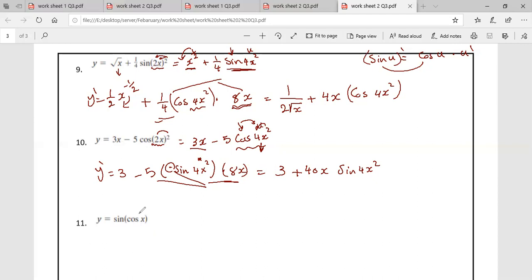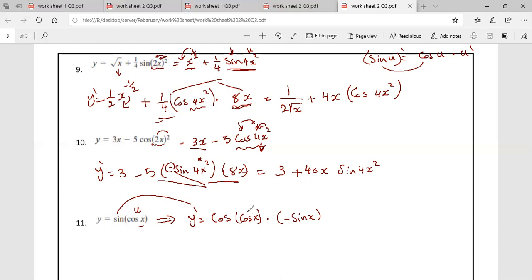Here, that is what? u. How do I find it? This is so easy. The derivative of this function will be the derivative of the outer, which will be cosine. I tell you which is what? Cosine x. Okay? Multiply the derivative of u, which is what? Negative sine x. So your answer will be cosine of what?